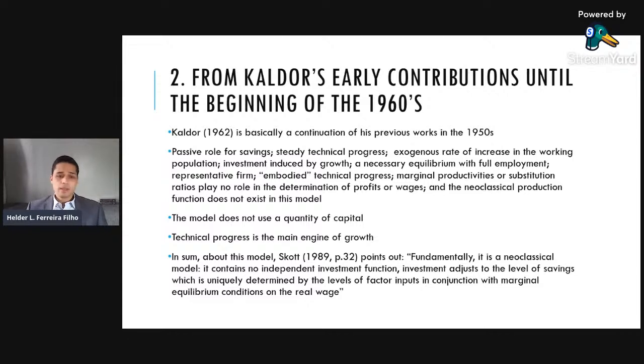For instance, he doesn't use a quantity of capital, and he doesn't use the production function that neoclassical economics commonly use. But technical progress is the main engine of growth. In sum, about this model of 62, Peter Scott said in his paper of 89, fundamentally, it's a neoclassical model.